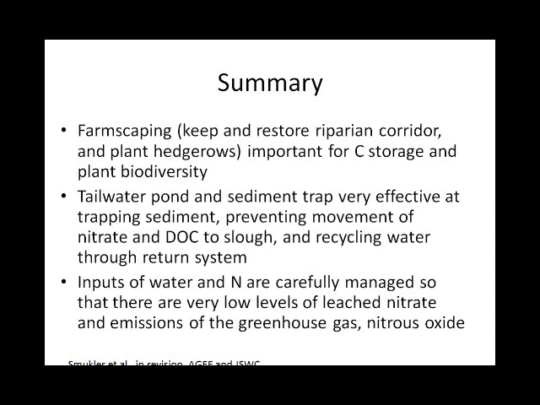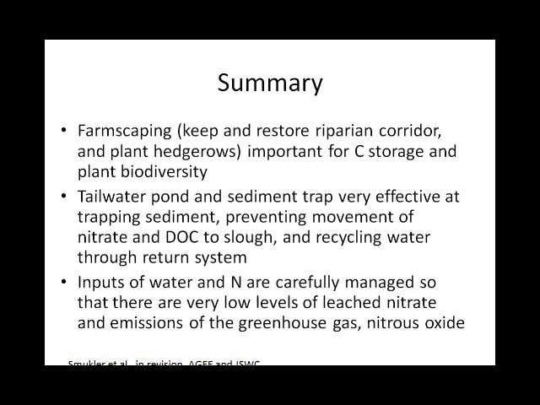It prevents movement of nitrate and DOC out to the slough, to the riparian corridor, and it enables recycling of water through the return system. So if the pond and trap were not there, we'd see a lot more movement out to the slough, even though the constituents weren't at levels that were particularly high.